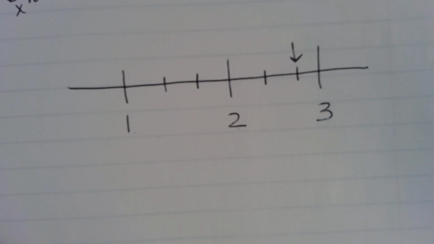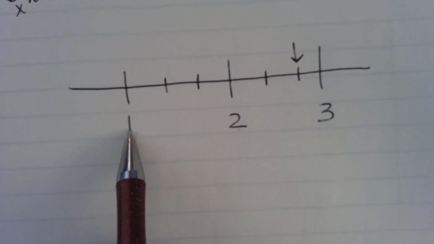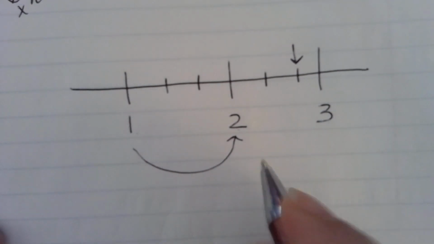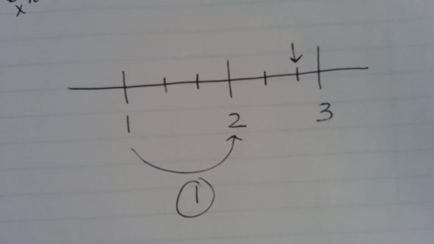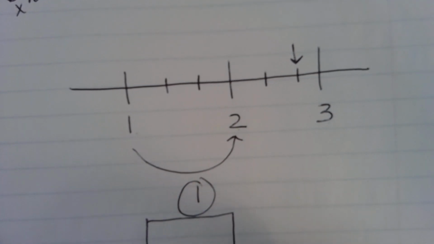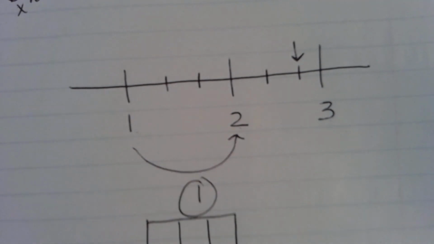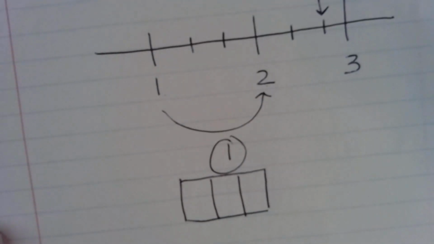So if I am looking at this like a fraction, going from 1 to 2 is one whole. And what that looks like, if I was just going to draw it, would be this. Okay? Now let me show you why.